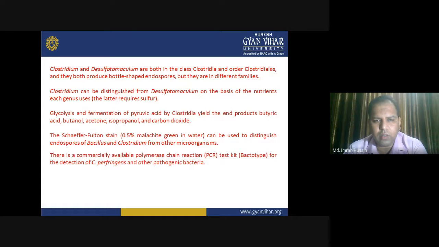So this 0.5% malachite green in water is used for the ready identification of Bacillus and Clostridium from differences in these endospores. There are commercially available polymerase chain reaction test kits, BAX, for the detection of C. perfringens and other pathogenic bacteria.